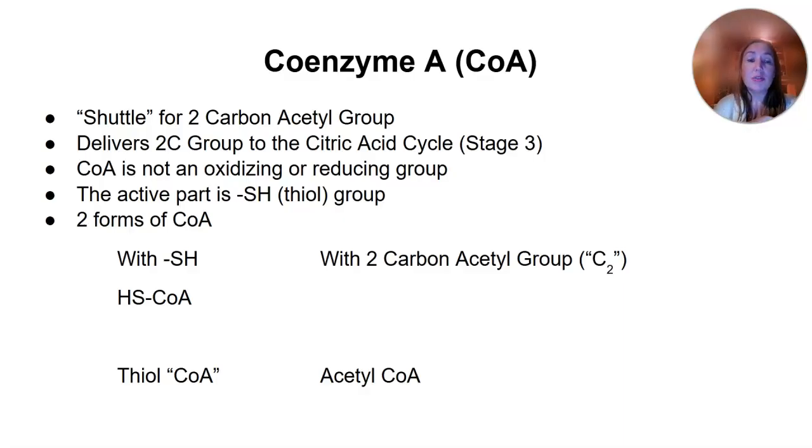So this SH, or thiosulfate, sometimes people will call it, but this SH is really this thiol functional group. And so there's 2 forms of coenzyme A. There's CoA, with that SH. Sometimes it's referred to as SH-CoA or just as CoA. And then when it's got the 2-carbon acetyl group, we call it acetyl-CoA.